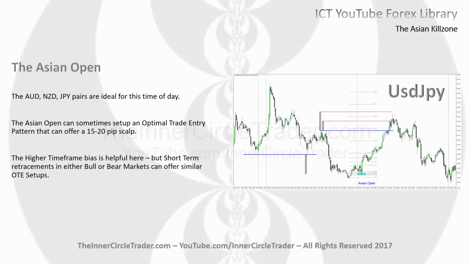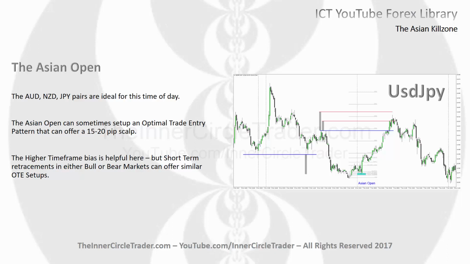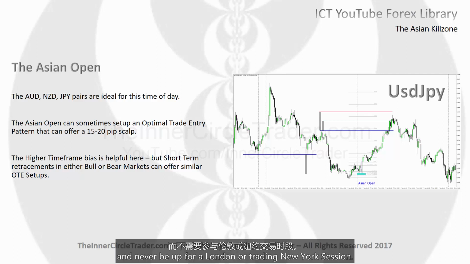They're active, their markets are open at that time, and it goes without saying that if their markets are trading actively as it relates to their specific currency and country of origin, this small window of opportunity for North American traders to trade after a 9-to-5 job could fit exactly what you're hoping to do as a part-time gig, if you will, and or your trading model could be completely built around the Asian session and never be up for London or trade the New York session.